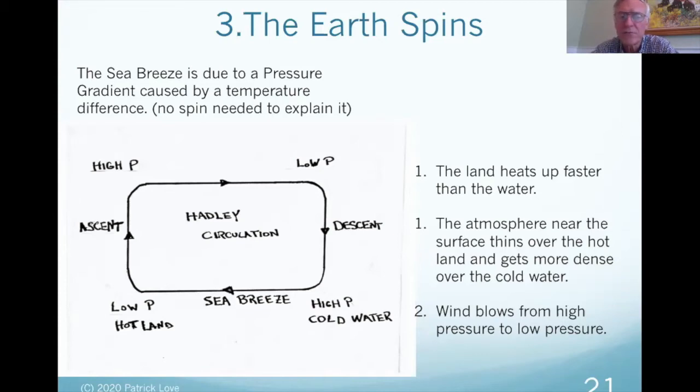Well, basically what should happen, we should get a polar breeze going from the high pressure North Pole to the equator. And then we should get this full scale circulation. We should basically have one big Hadley circulation from the pole to the equator.